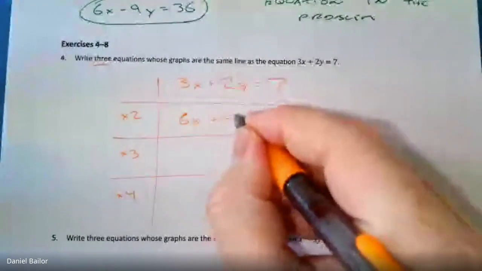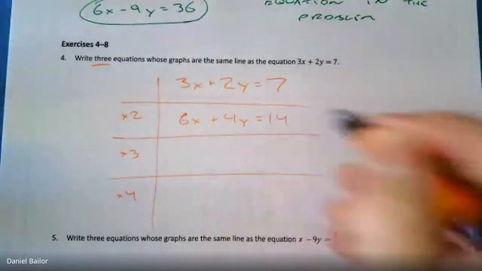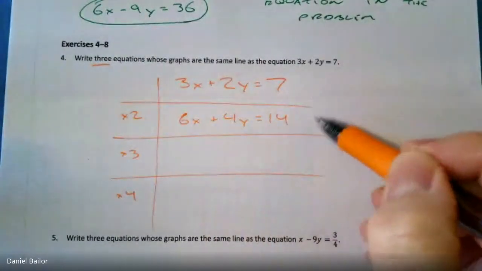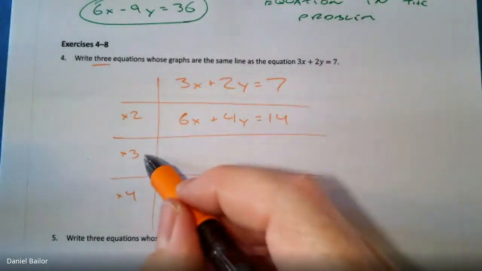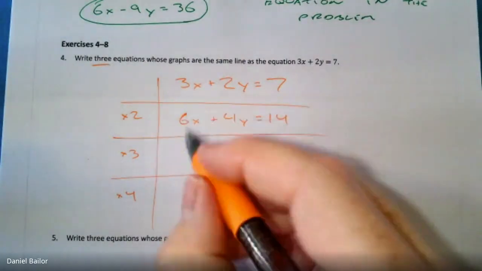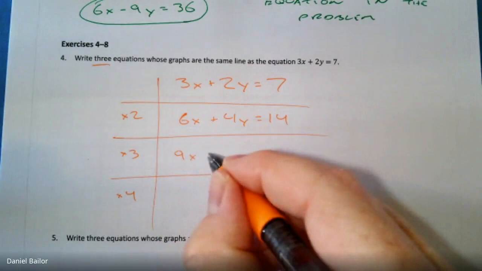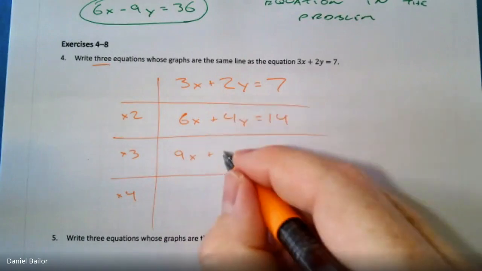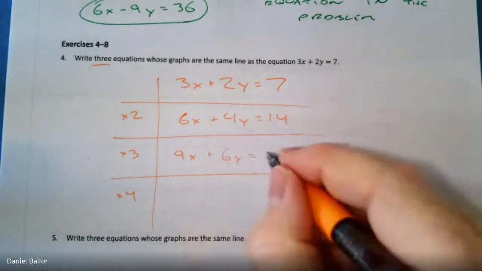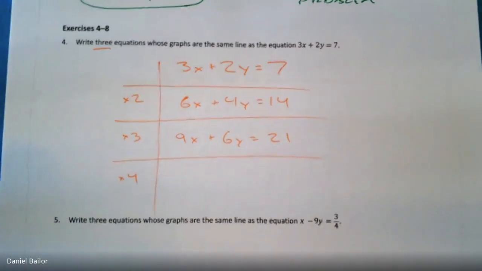If I multiply everything by 2, 3x times 2 is 6x, 2y times 2 is 4y, 7 times 2 is 14. And these are the same. If I multiply everything by 3, 3x times 3 is 9x, 2y times 3 is 6y, 7 times 3 is 21.